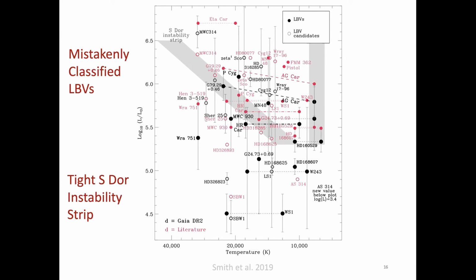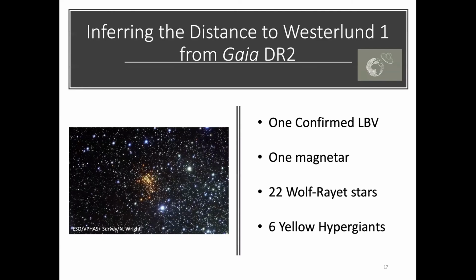So we decided to use the associated clusters to reduce these error bars. However, as I mentioned many times, LBVs are isolated, so it's not straightforward to figure out where they're coming from to use the associated clusters. However, one of these LBVs, LBV W243, is known to be associated with a cluster known as Westerlund 1, which we heard about on the first day.